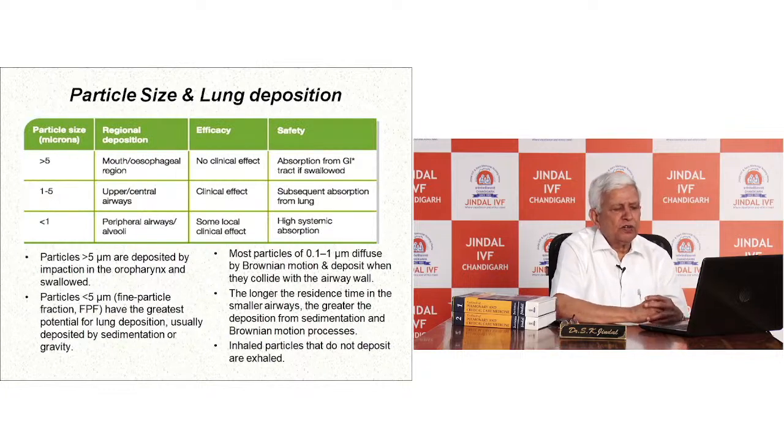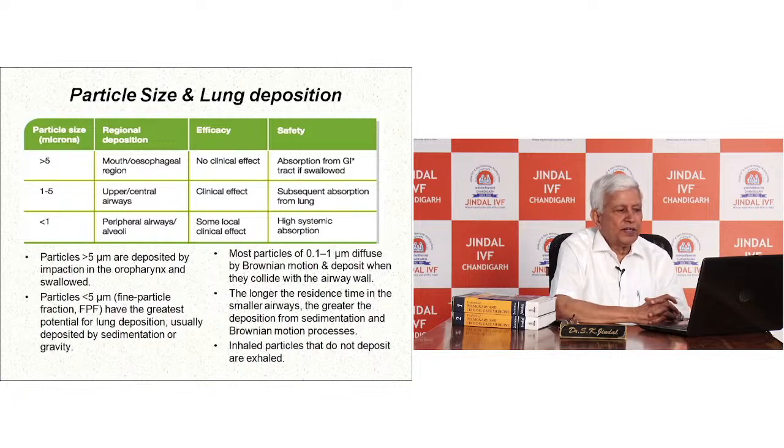And this is a very standard picture, or a table, which you are familiar with: the lung deposition depends upon the particle size. The larger the particle size, the more proximal is the deposition, and very few particles reach the periphery of the lung.